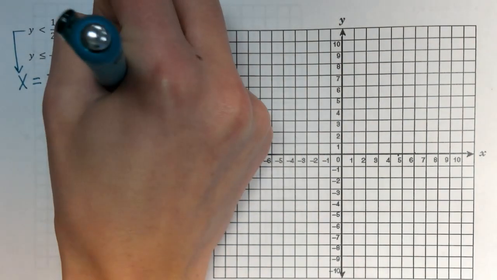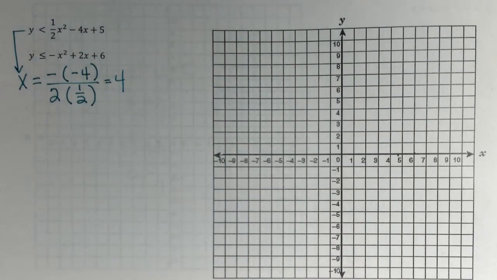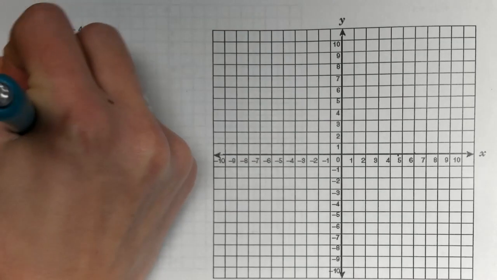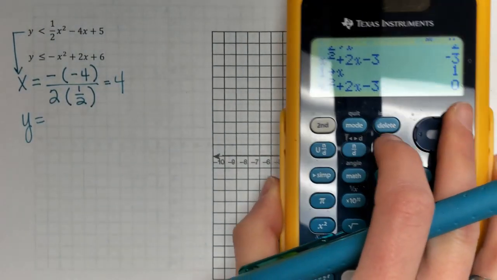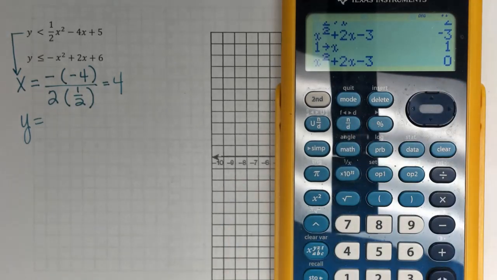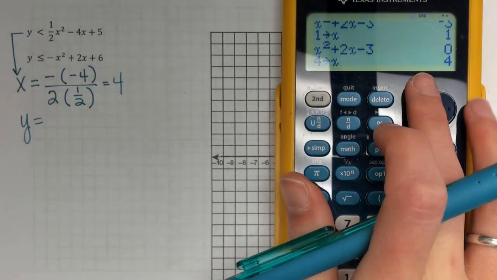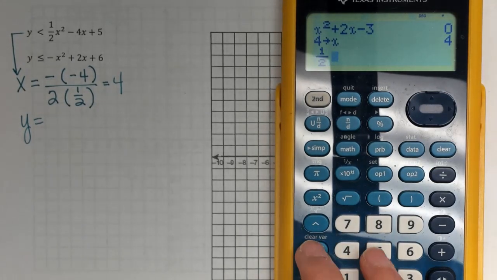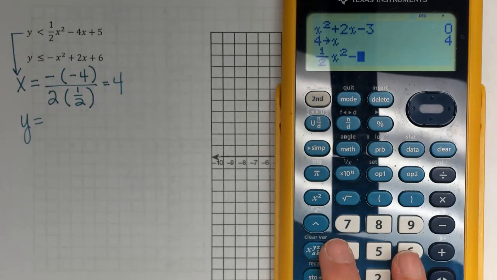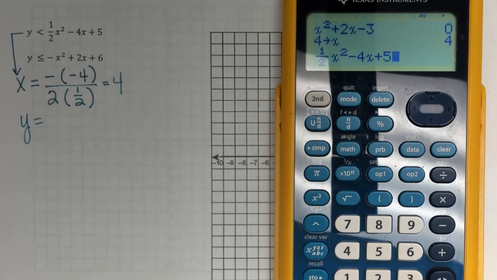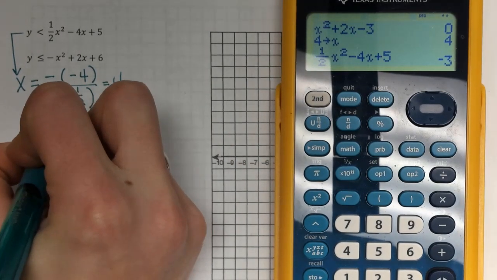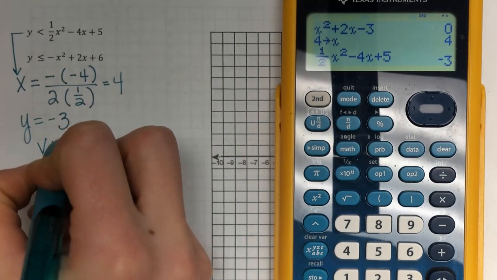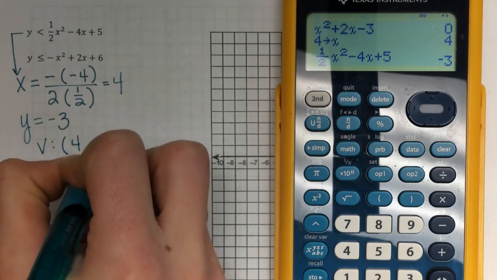So that's just going to leave me with 4. So I'm going to take 4 and store it for my x, and I'm going to have my 1/2 x squared minus 4x plus 5. And that gives me negative 3. So my vertex is 4, negative 3.